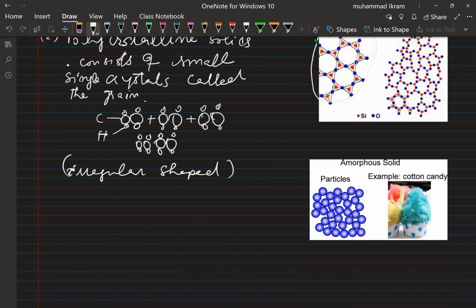They have well-defined boundaries and are oriented in different directions, and each grain is a single crystal of irregular shape. It is isotropic in nature. Isotropic in nature means that they have the same properties in all directions.